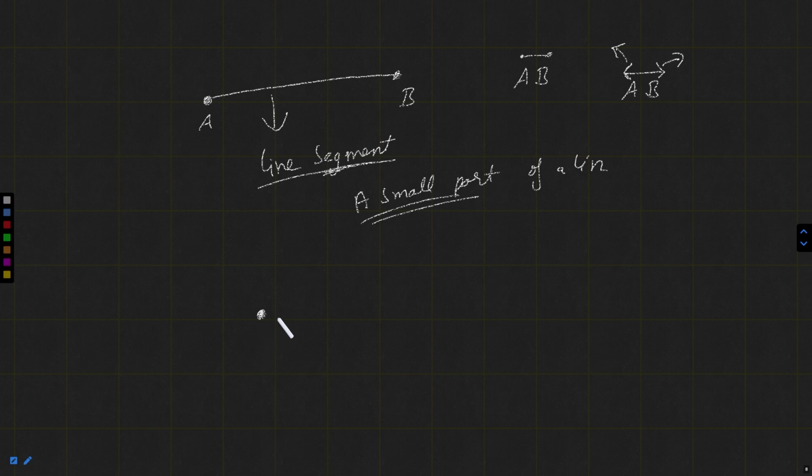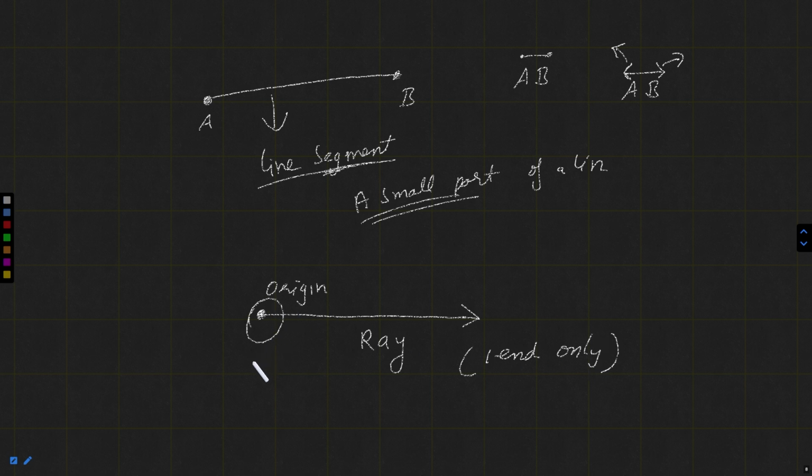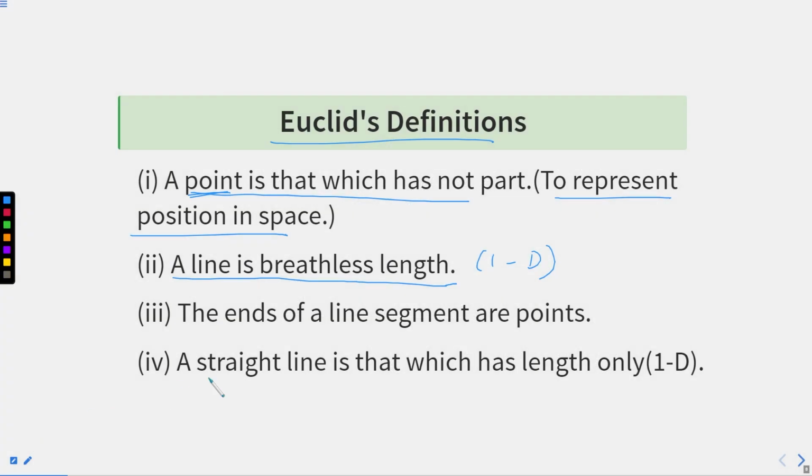There is a point and it starts from here and goes forever to this side, and this is called a ray. Here is its origin. In a ray, there is only one end. What is the end? This origin is the end. I hope this is all clear.